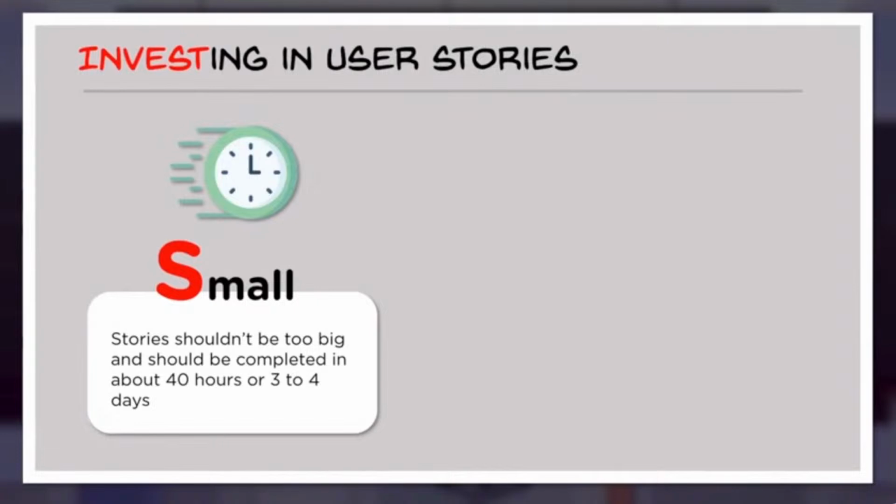A user story should be subdivided into two or more small stories so that it can be handled better. A story should not be too big and should be completed within 40 hours or 3 to 4 days. These numbers are indicative, so you need not fix on this number. It is just to show you what the focus would be, the effort it would take to accomplish that story.